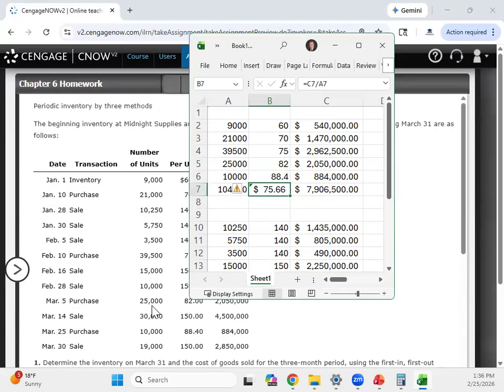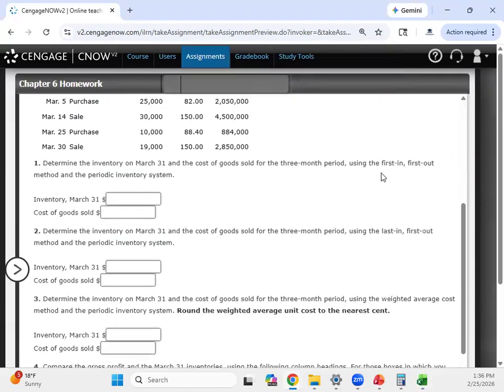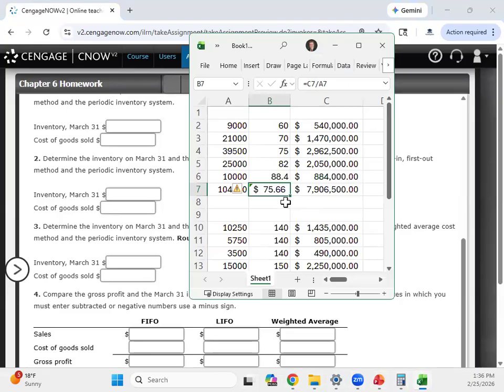I'm not sure if it tells us if it has particular rounding instructions. It says round weighted average unit cost to the nearest cent. So that's really important when we're dealing with so many units that we have to round it to the nearest cent. And Excel will not do this automatically.